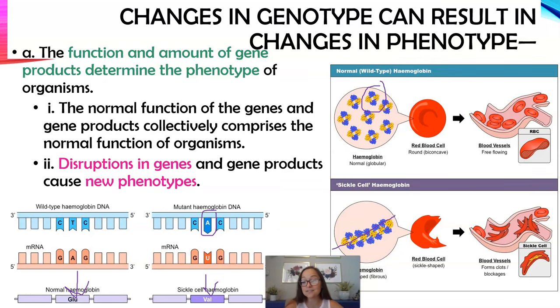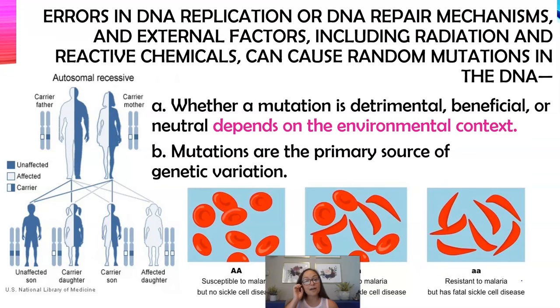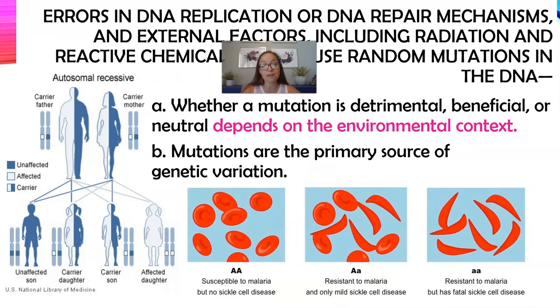And this causes a sickle cell shape, which makes the red blood cells less flexible, harder to carry oxygen, and more difficult to flow in the blood. So when we talk about this, a mutation can be detrimental, beneficial, or neutral, but it really depends on the environment and the context of that environment.